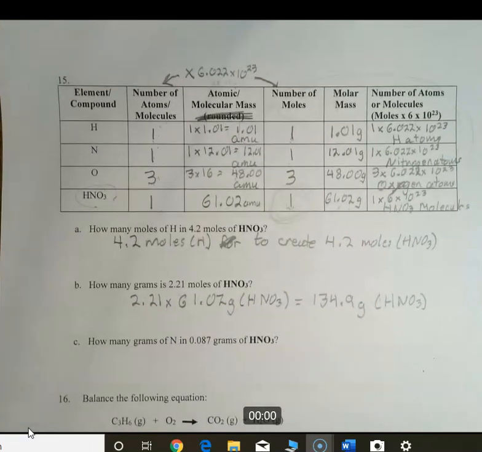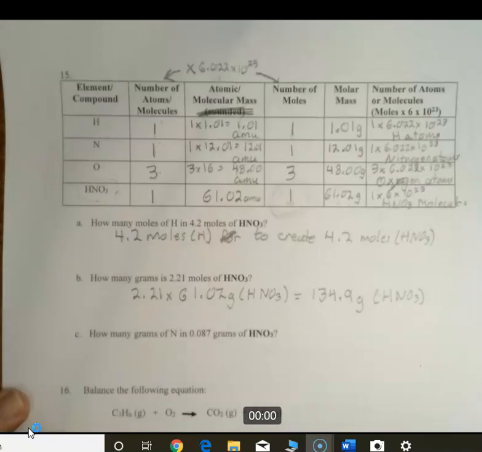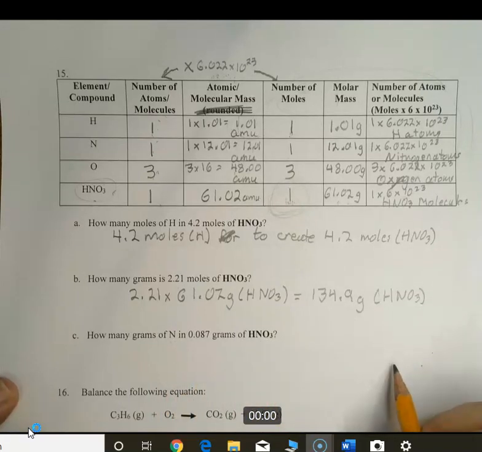All right, how many grams of nitrogen in 0.087 grams of HNO3? Again, it gives us a chance to set up a stoichiometry equation. It's something we haven't done in a long time, and it's important that we get back into this. So what we want to know, way over here on the left, we have grams of nitrogen.